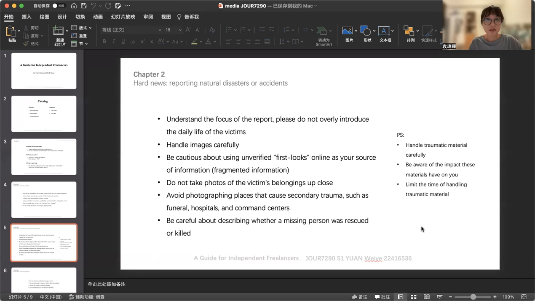It was a huge scandal on Chinese social media.